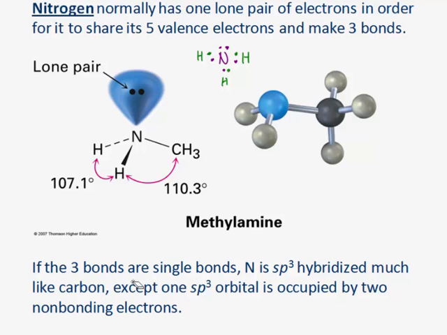It's sp3 hybridized, just like carbon. You can tell by the geometry. It's that tetrahedral geometry. So sp3, sp3, sp3. The 4th hybrid orbital will be occupied by the lone pair, the non-bonding electrons. So just like we saw in oxygen before, in formaldehyde, the lone pairs can occupy a hybrid orbital.